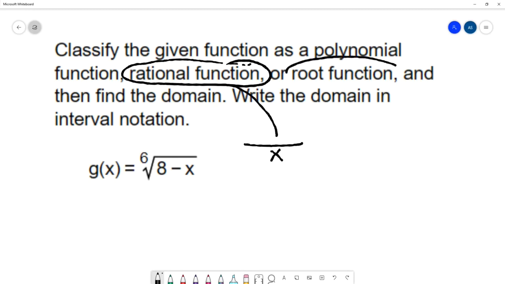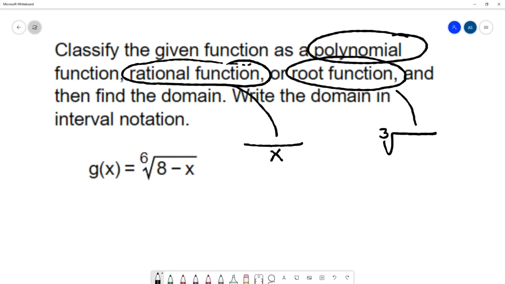For a root function, you're going to be looking for a square root, or maybe a cube root. Pretty much everything else is going to fall into the category of polynomial. Of course, it's more technical than that.